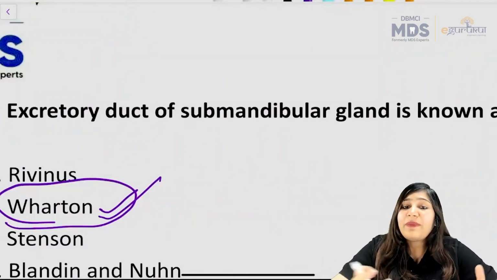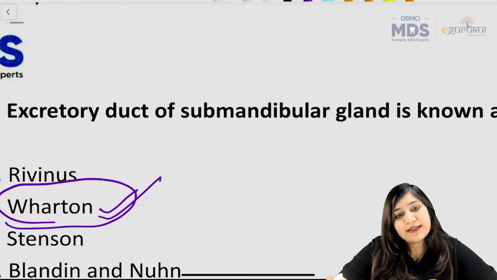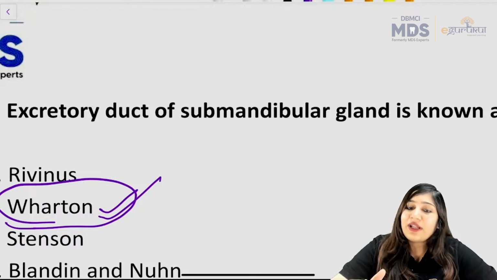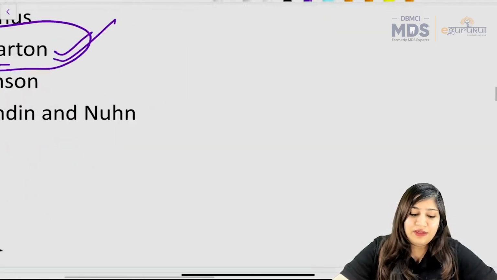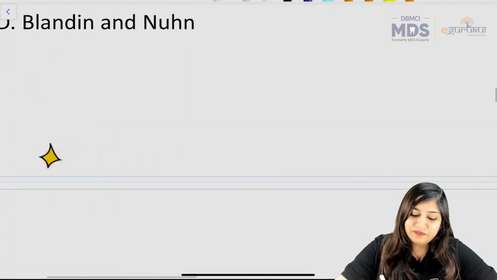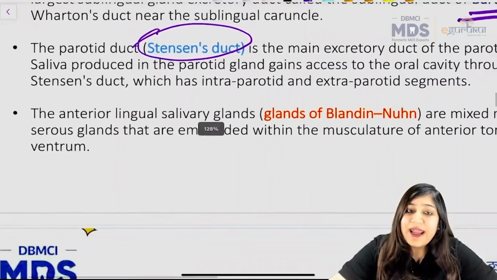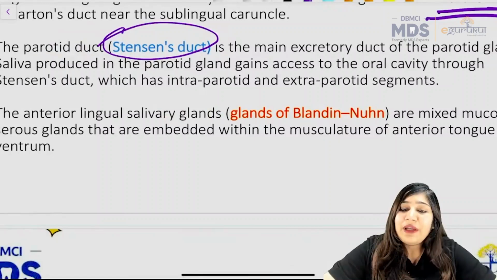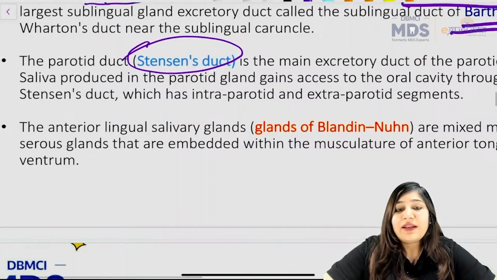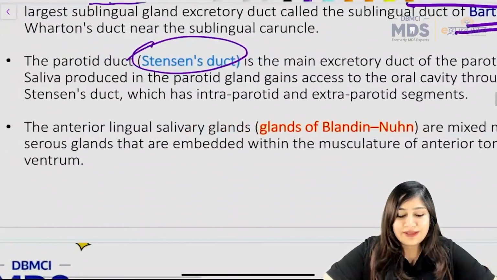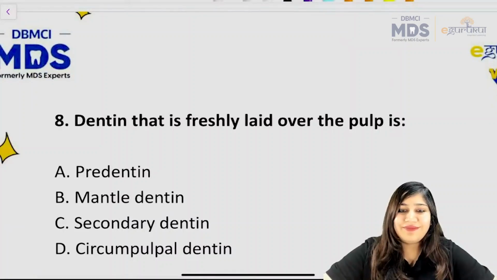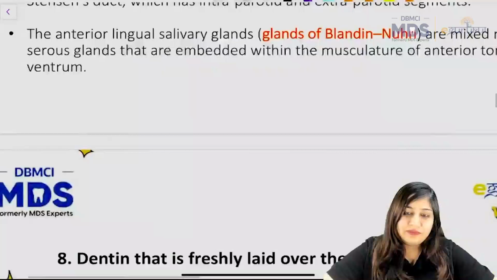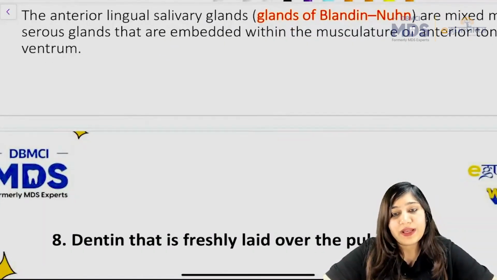The excretory duct of the parotid gland is Stensen's duct. Sublingual gland is Bartholin's duct or duct of Rivinus, right? What are Blandin and Nuhn? They are basically anterior lingual salivary glands which are embedded within the musculature of the ventral surface of the anterior tongue. So it was a very easy question, but you have to remember the names of the duct openings.